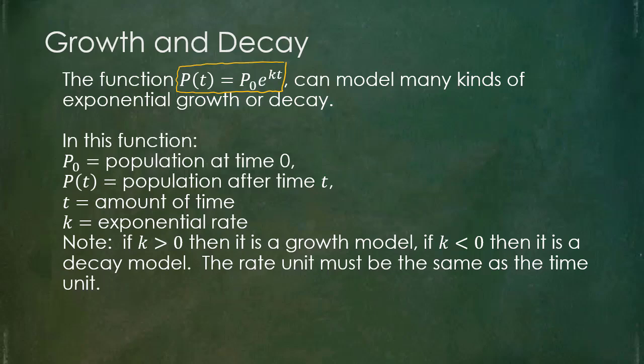If k came back negative, or less than 0, then it would be a decay model. And that rate unit does need to be in the same unit as the time unit. So if our time was in terms of years, I would need to make sure that my rate was also in a per year idea.